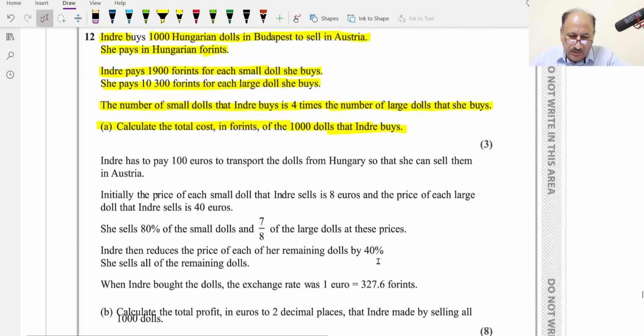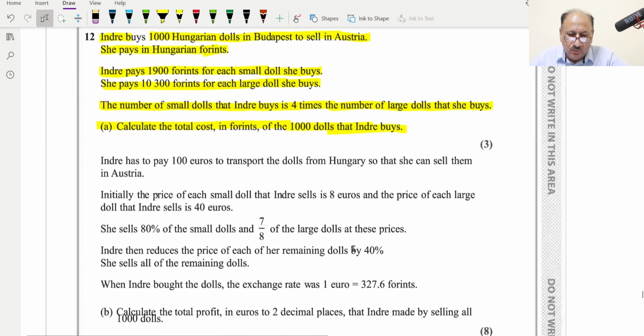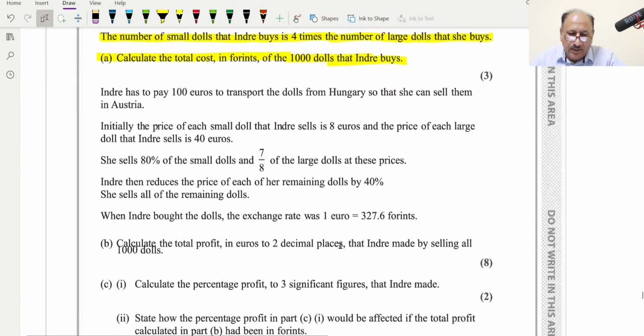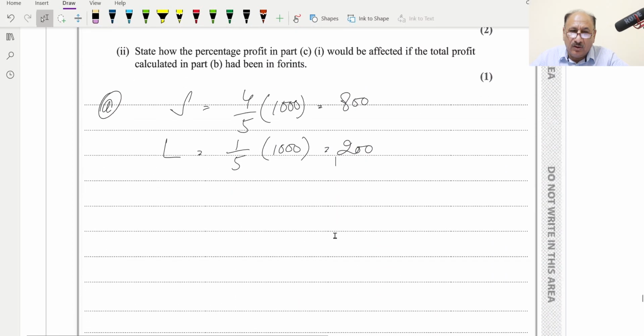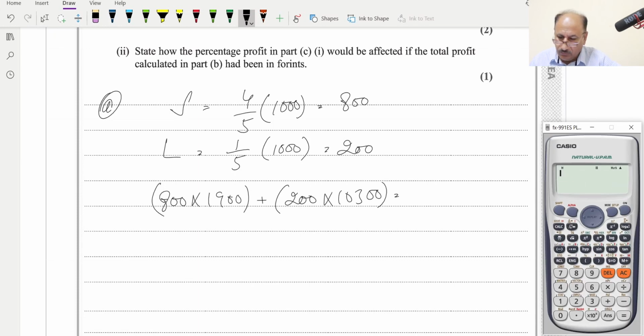The payment she has made is 1900 for a small doll and 10300 for a large doll. So 800 will be multiplied by 1900. This is the payment which she made, plus for 200 it is 10300, and the total payment she made is how much?